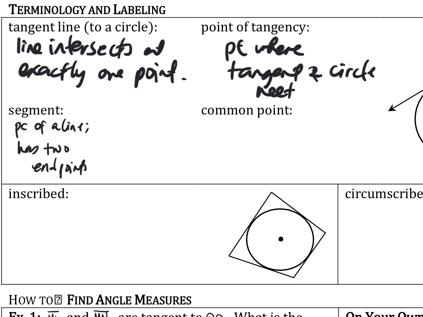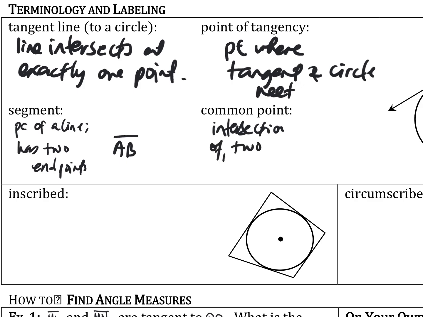For example, we have A and B here, and we write that as a line segment. The common point is the intersection of two tangent lines, which is normally outside the circle.